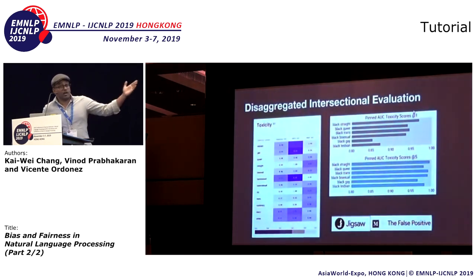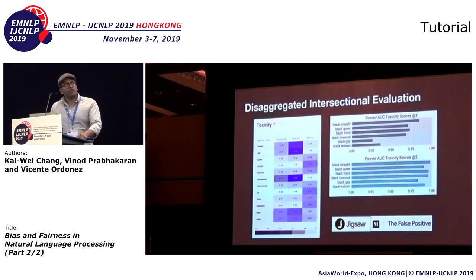This is the disaggregated evaluation of the toxicity model that I was talking about. In fact, earlier this year, the Jigsaw Perspective API team did release a model card with all these components, as a soft launch. And soon there will be a hard launch where Google will be releasing more model cards for other tools as well.